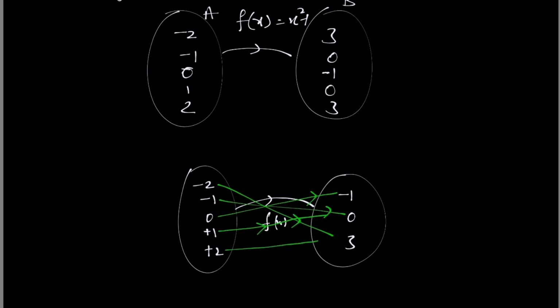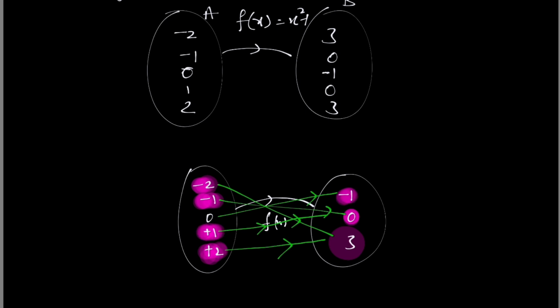For +2 I'm getting 3. So for the same image in set B, I'm having two pre-images in set A, that is -2 and +2.